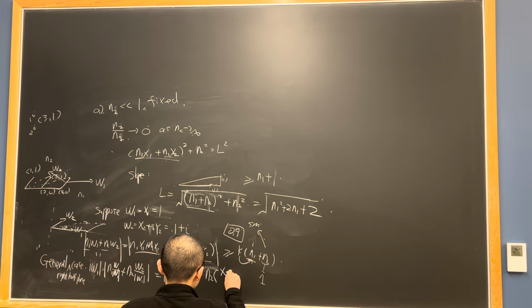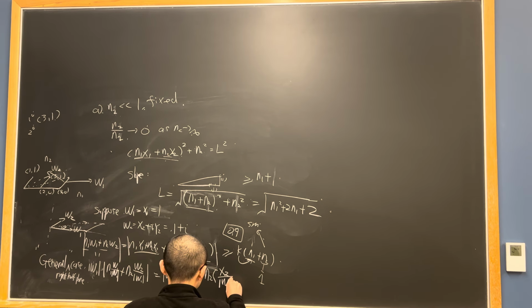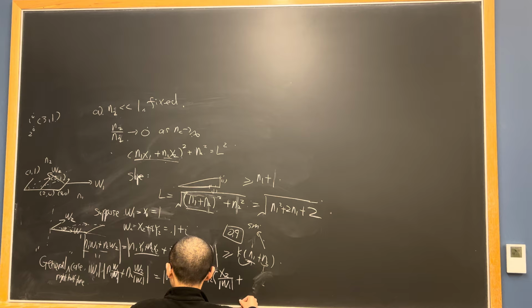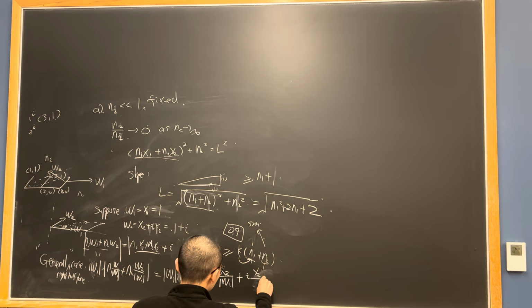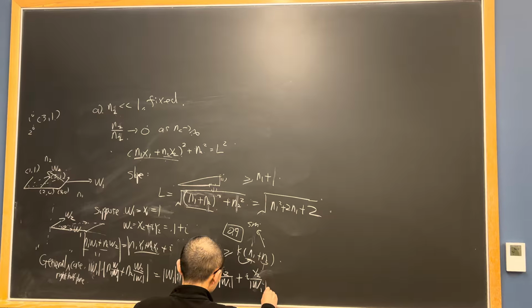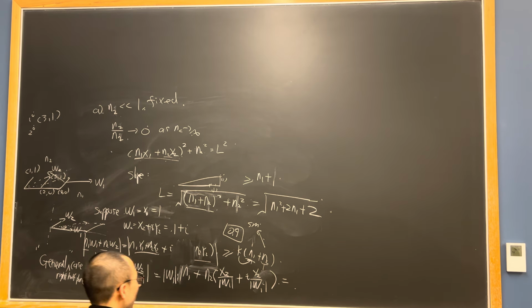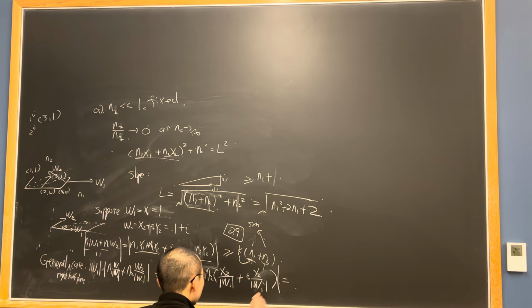So x2 over modulus of omega 1 plus iy2 over modulus of omega 1, right? Okay, so this is equal to what?